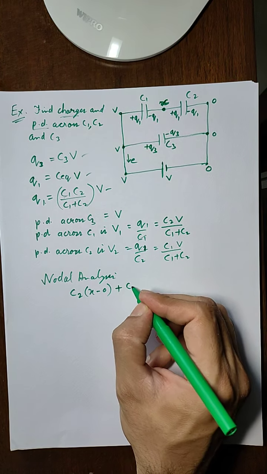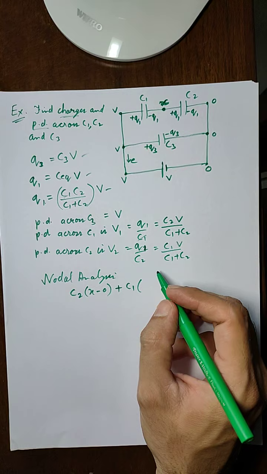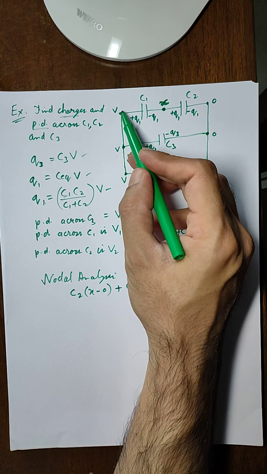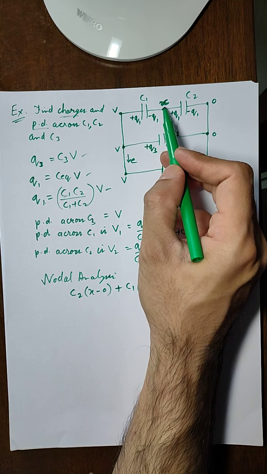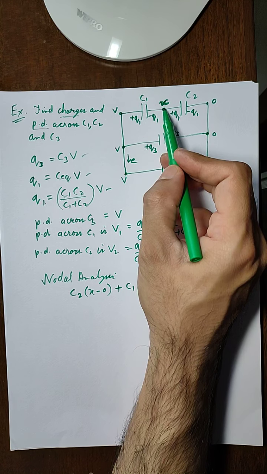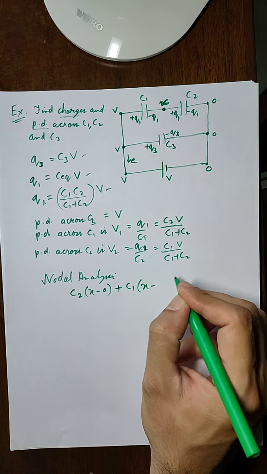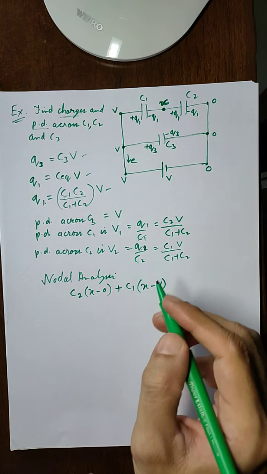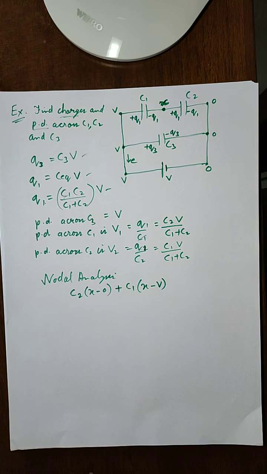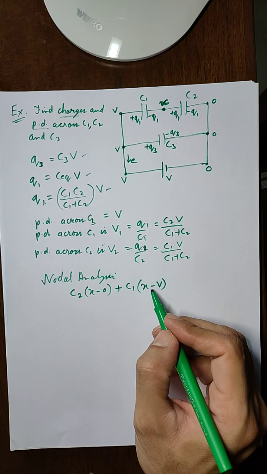So C will be C1 here and V will be X minus V, since we are calculating the potential difference with respect to the node. You can verify it by studying the diagram in the previous video again. Why is it taken as X minus V?